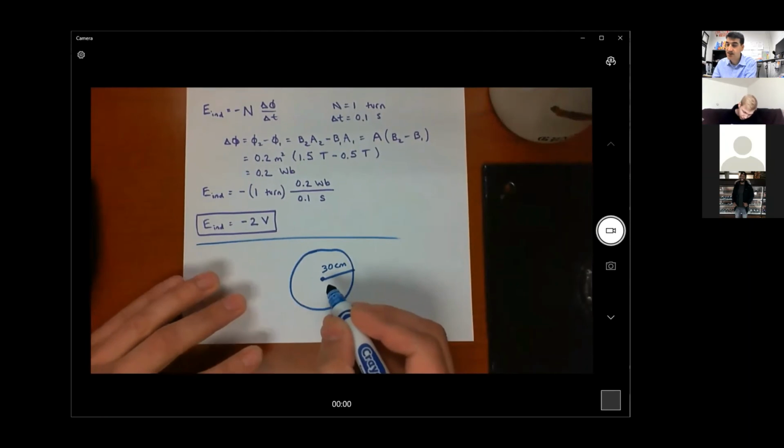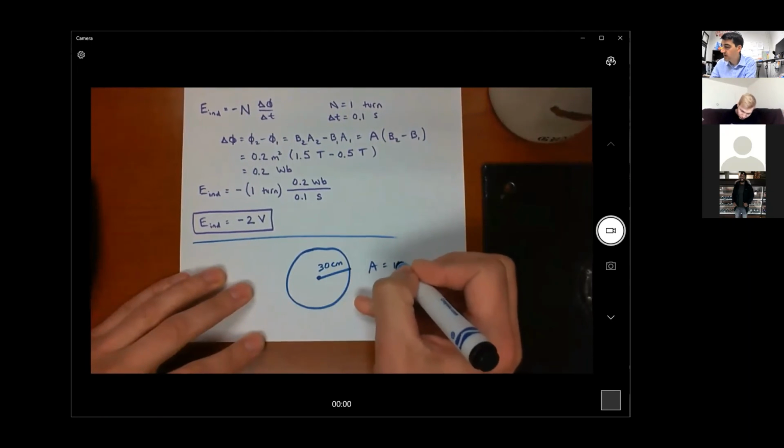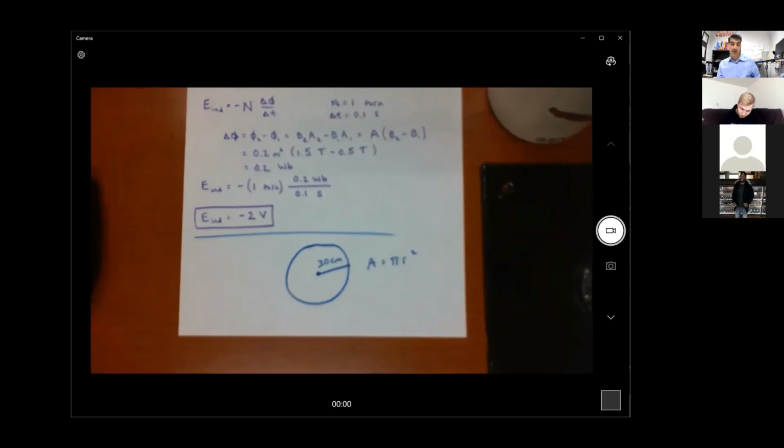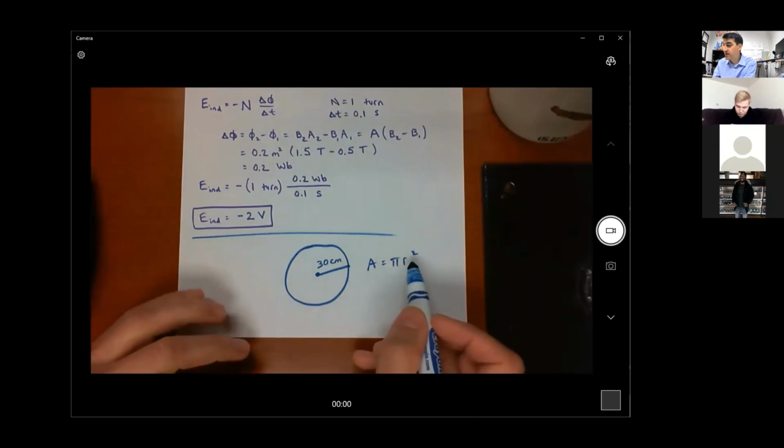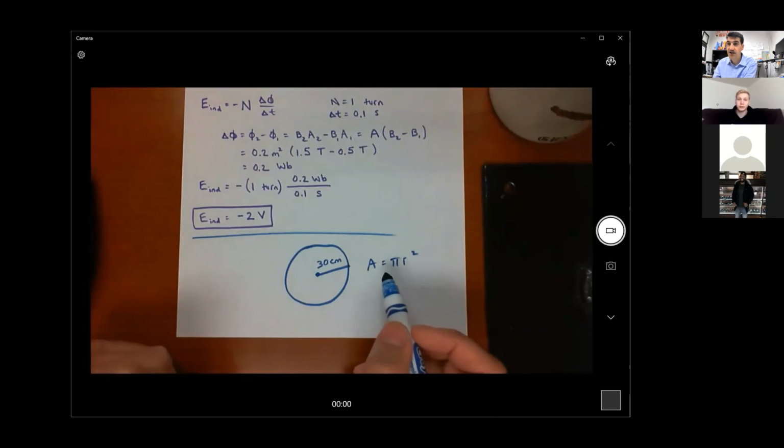You know how to calculate the area here. The area is pi r squared. My recommendation, you don't have to do it this way, is to convert from centimeters to meters and then plug it into this calculation to find the area.